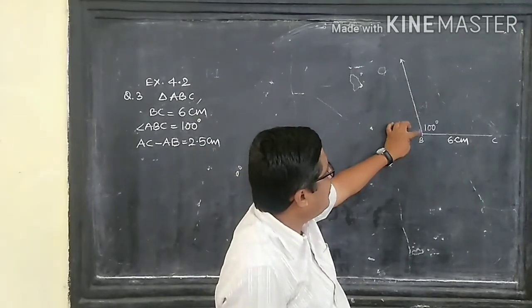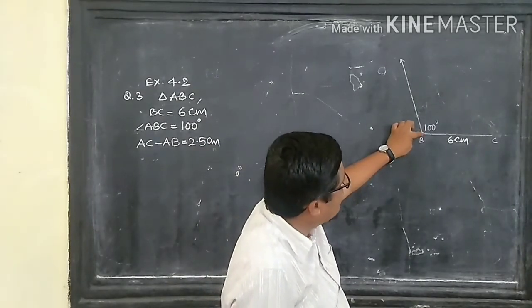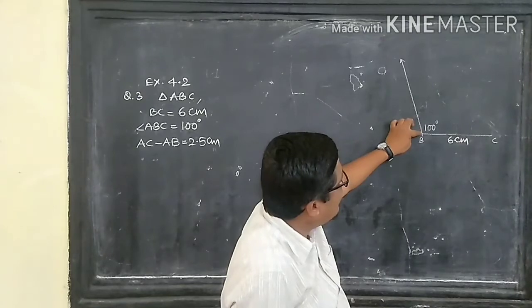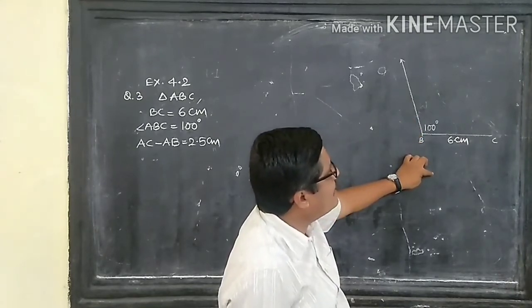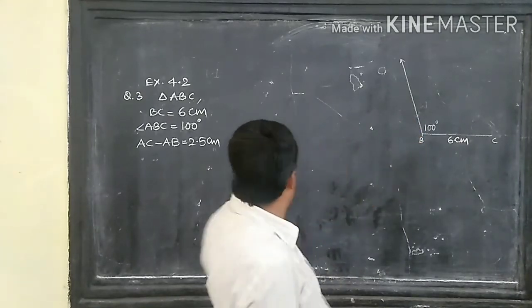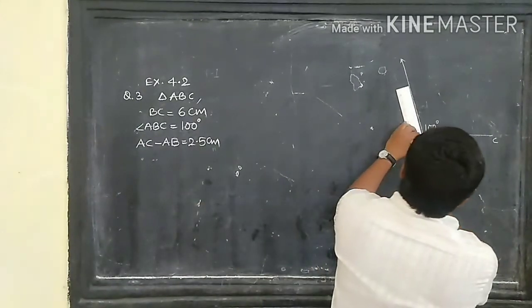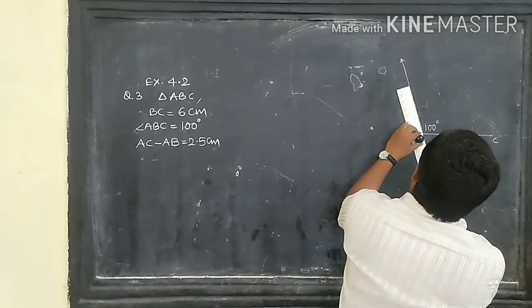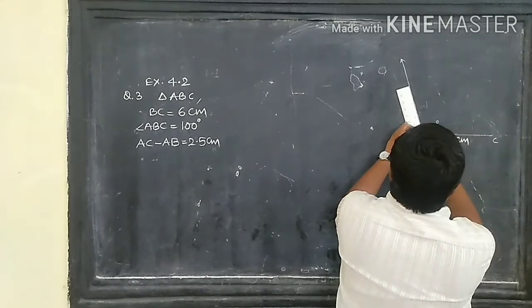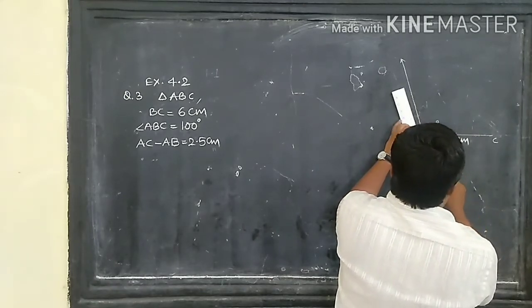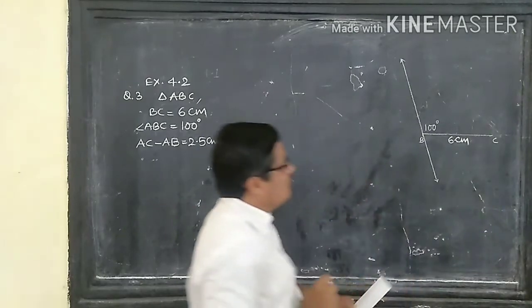So for that, here we have to extend this ray on the opposite side up to 2.5. So for that, here we have to draw a ray on the opposite side also in this way.